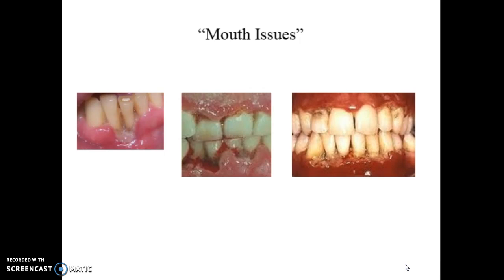Soldiers would come home like this, and this is just really gross. And even today this occurs worldwide, with individuals who don't have access to good dental care.